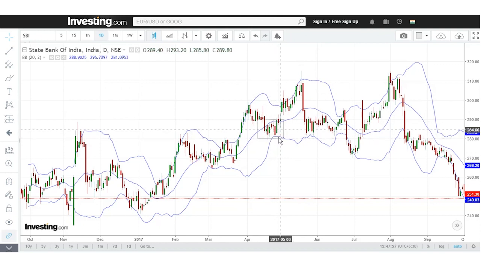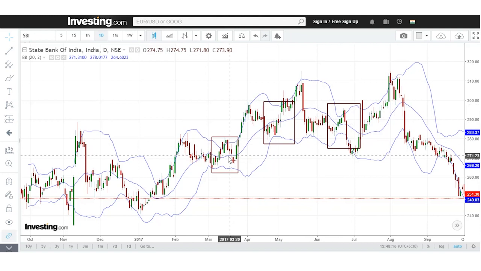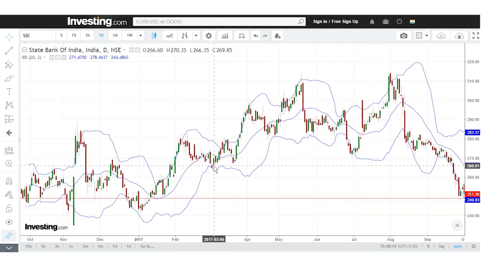Here you can again see a consolidation and breakout. Again the price came back and took support initially and then gave a rally. Not a small one, a 4-5% kind of rally. So that is how the squeeze points in the Bollinger Band become very important.